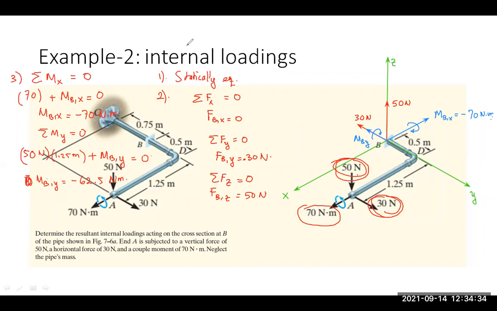And next is sigma moment in z direction must be equal to 0. So then we have to find the external load which creates moment with respect to z-axis.